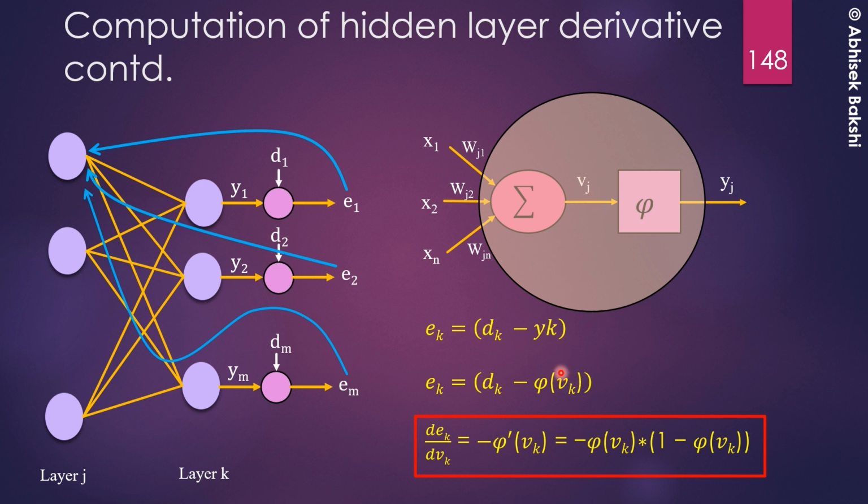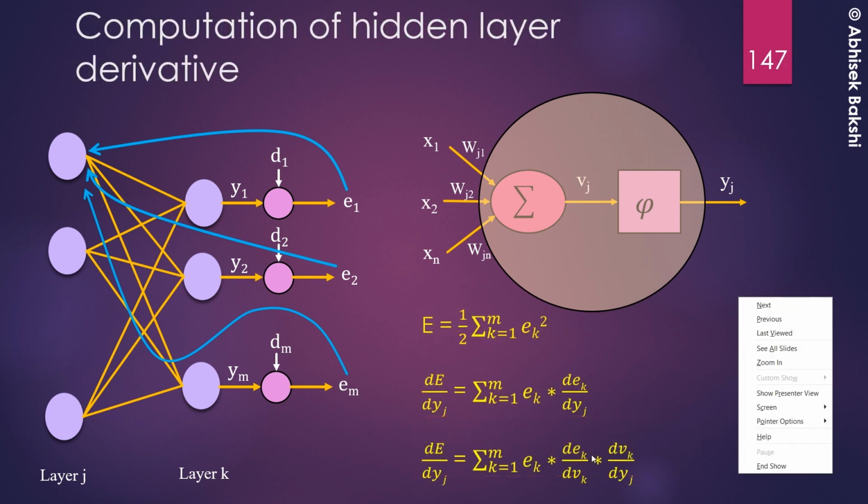So yk means phi of vk, the sigmoid function of vk. So dek/dvk will be what? It will be simply the derivative of sigmoid, because dk is constant so its derivative is 0, so minus phi of vk into 1 minus phi of vk. So dek/dvk is very easy to compute. So whatever we have, dek/dvk, this one.